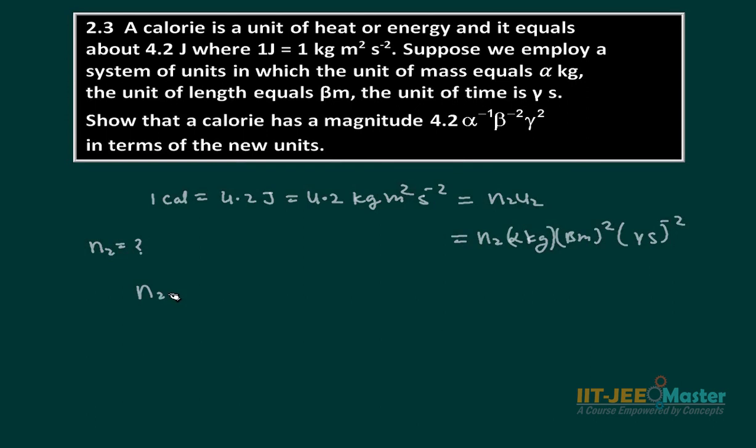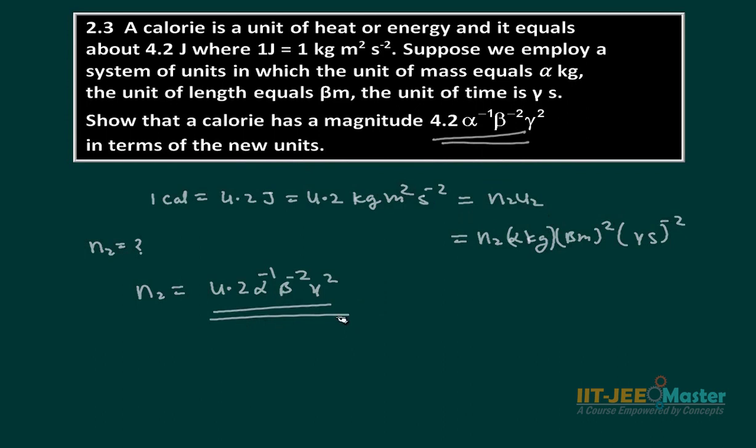Now N2 will be 4.2 divided by alpha, that is alpha to the power minus 1, divided by beta square, that is beta to the power minus 2, divided by gamma to the power minus 2, that means gamma square. So we have got the N2, that is the required magnitude in terms of the new unit.